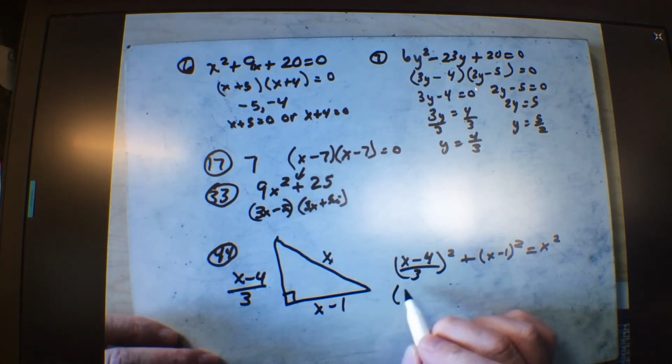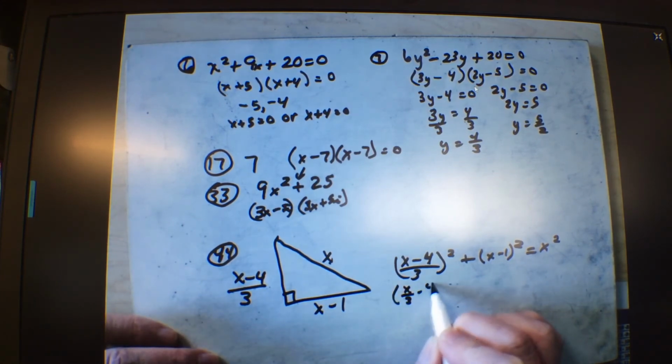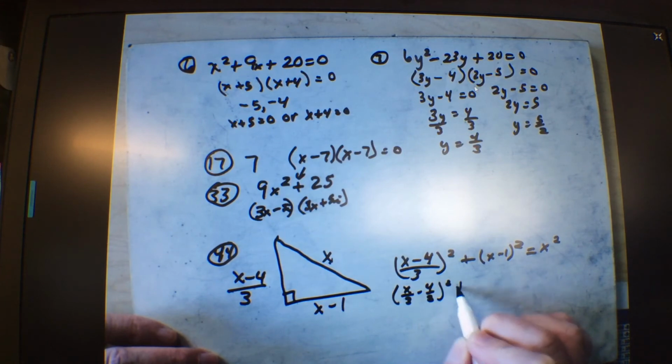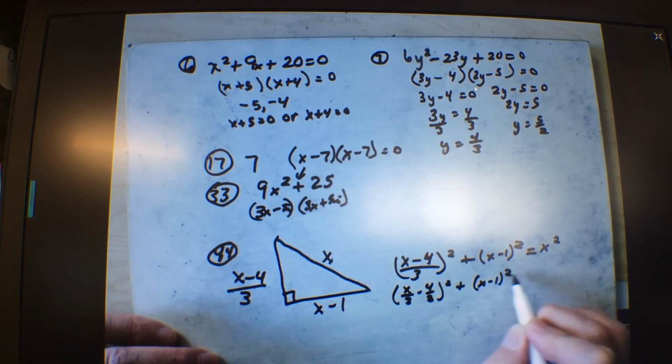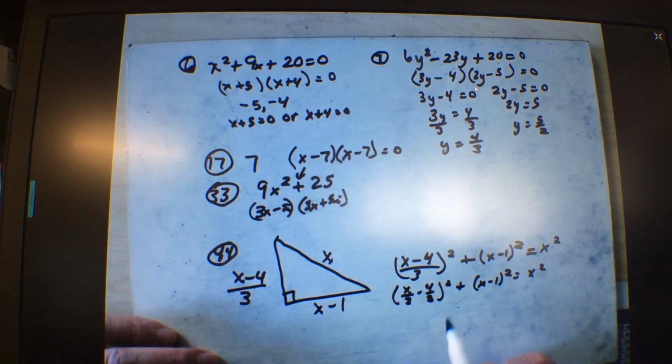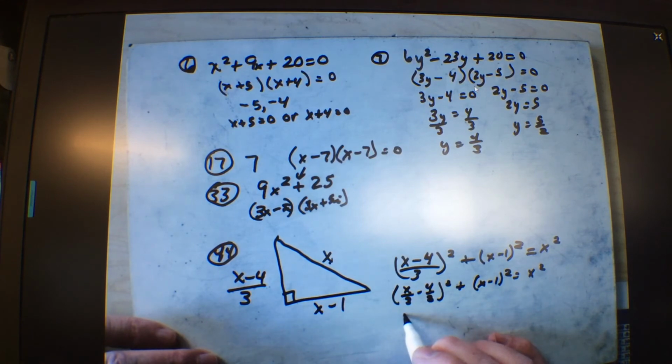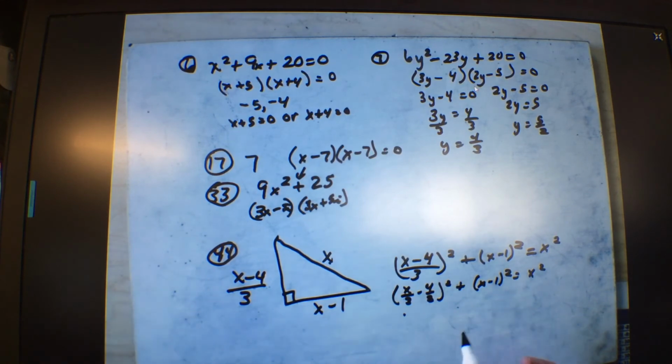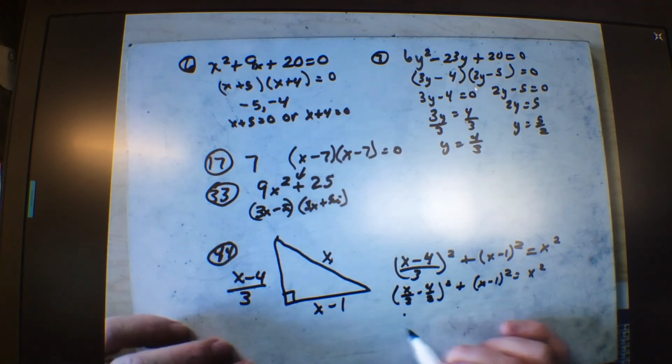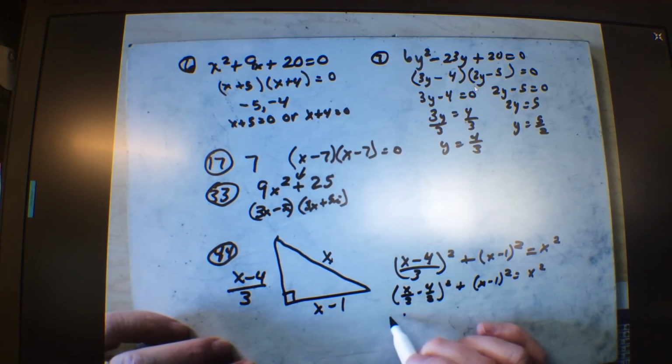I'm going to rewrite it like this. Can I multiply this by 3? But then where will the 3 go? Let's square it, just to make sure.